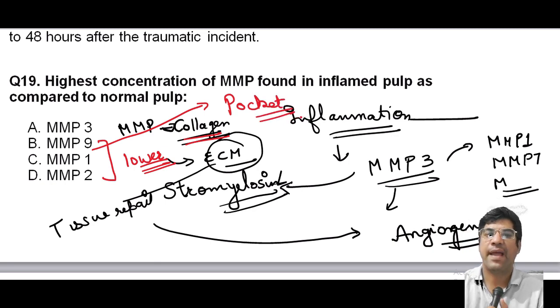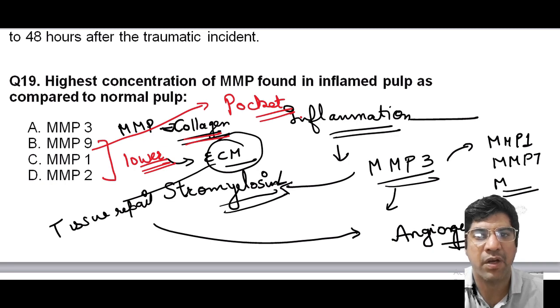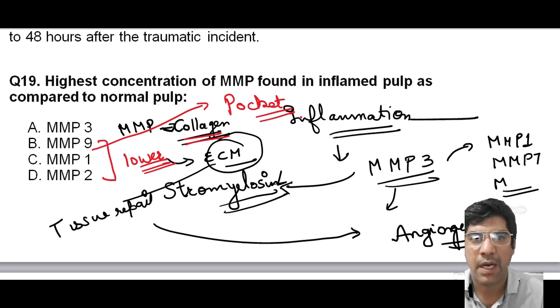What is the role of MMPs in endodontic diseases? MMPs are present in dentine and are involved in physiological turnover of the dentine matrix. In reversible pulpitis, mild inflammation brings about the release of MMPs to break down dentine for immune cell migration.